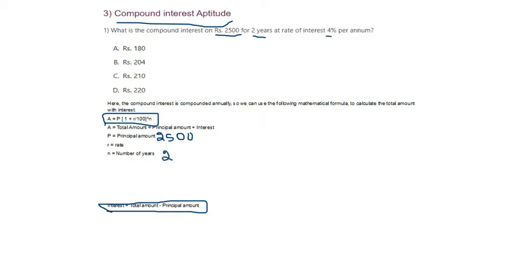And the rate of interest per annum is nothing but your rate of interest, which is 4%. So using this formula, A is equal to P into 1 plus R divided by 100 to the power N, we can write it as 2,500 into 1 plus 4 by 100. Your 4% is converted to 4 by 100.